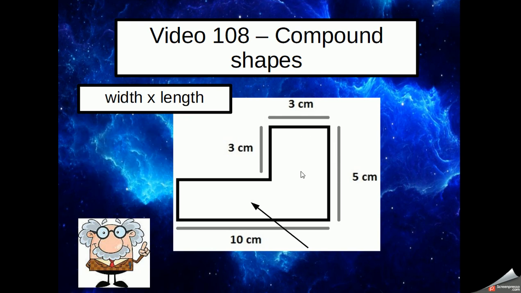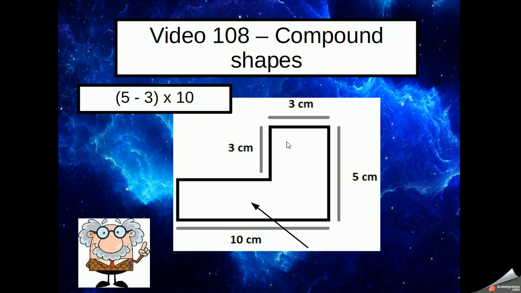Down the bottom with the width times length, we have the length of the shape, which we know is 10 because it tells us on the diagram, but it doesn't tell us what the width is. So we have to calculate it and work it out.